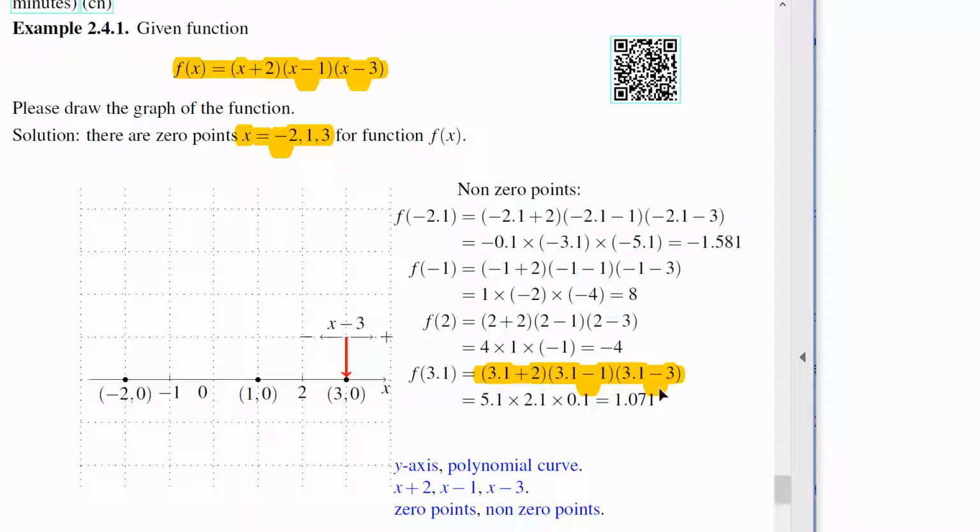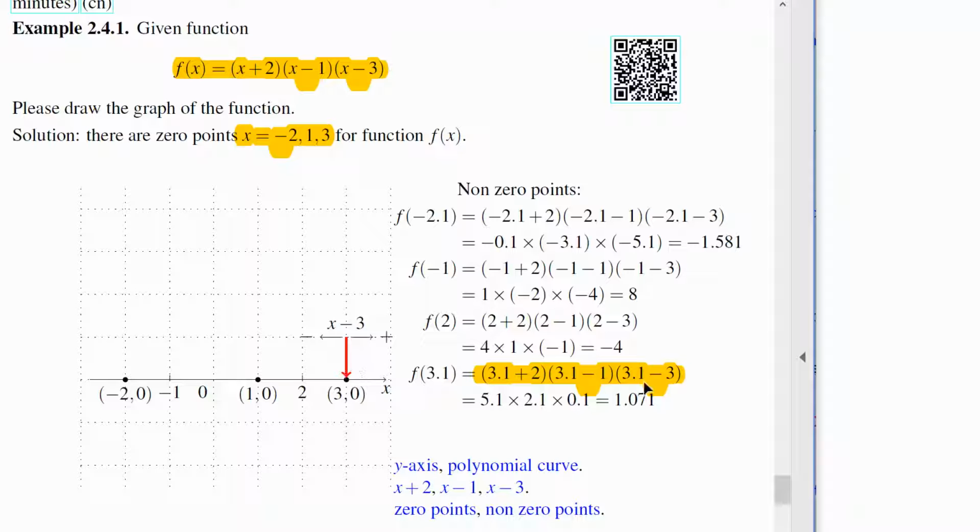So you plug in 3.1, you have 3.1 minus 3, which is positive, because if you plug in a number greater than 3 into x minus 3, of course you get positive. 3.1 is on the right-hand side of 3.